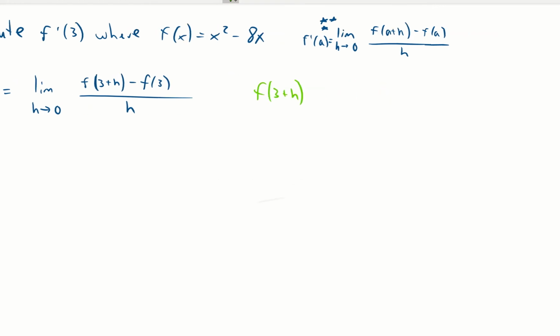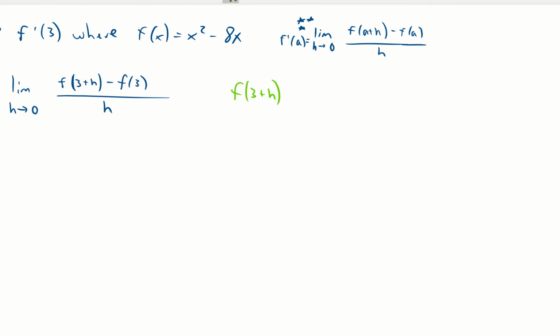What does that look like? Well, it means we're going to plug it in here for x, which means we're going to take whatever we plug in and square it, and then subtract 8 times whatever we plug in. So if I plug in 3 plus h, I'd have 3 plus h squared minus 8 times 3 plus h.